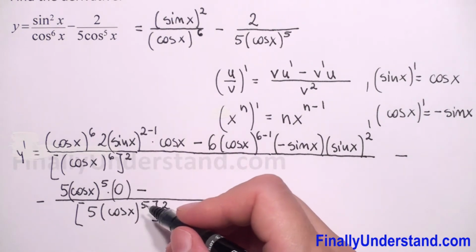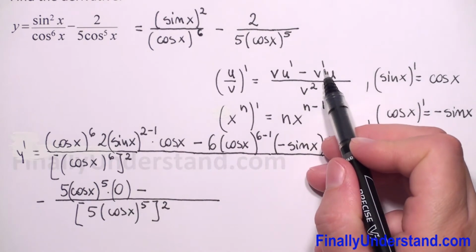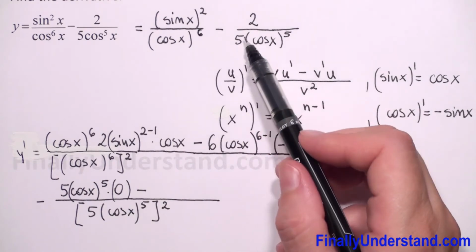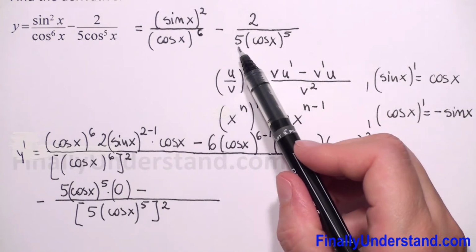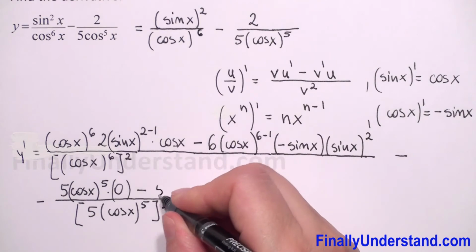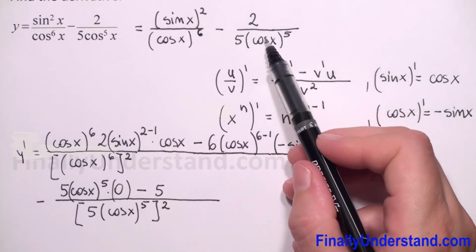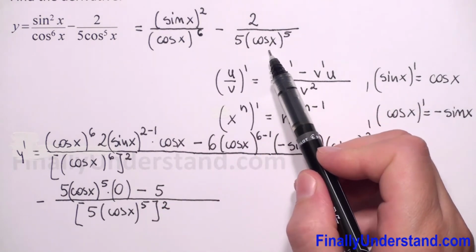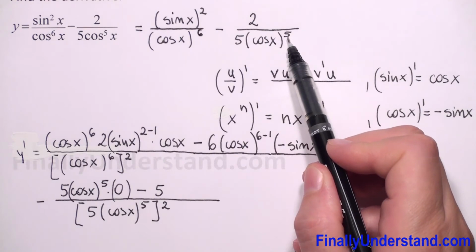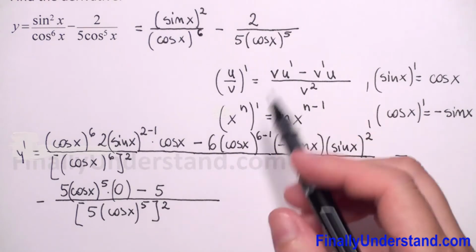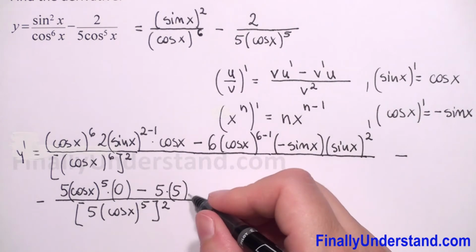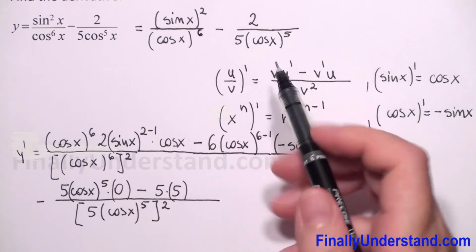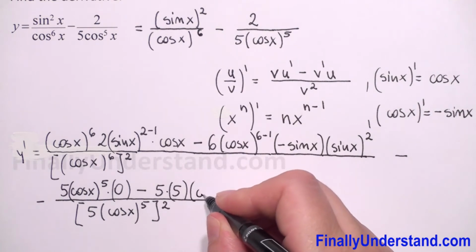minus v prime. So it means we have to find the derivative of our denominator. Always when we have a constant, we copy this constant. And again, we find the derivative of a function raised to a power. So we take down this power, times 5. And we copy this whole expression in parentheses.